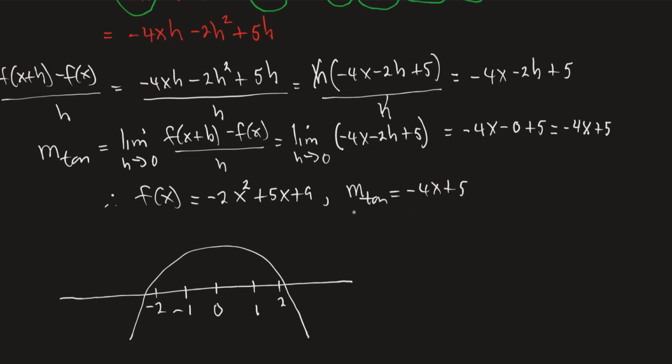And that's the whole idea now: after going through the limit process and coming up with not just a constant that represents the slope at one point, I now have a function that can give me the slope at all these different points. As long as this function is well defined, as long as I can plug in my x and get a number, that number will represent the slope of the tangent line at a specific point.